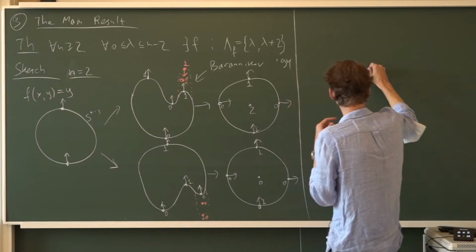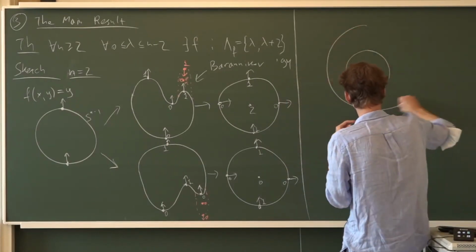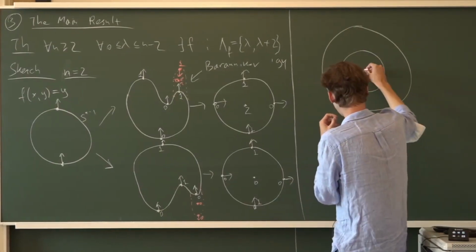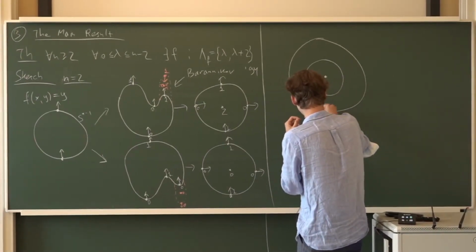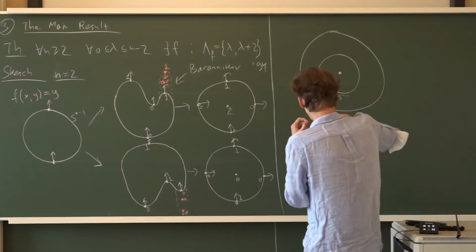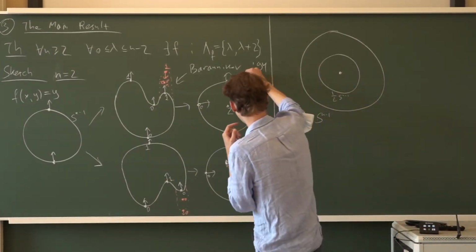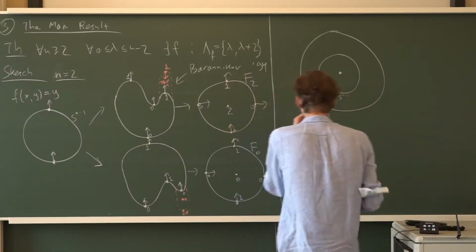Let us put these circles concentrically like this. So, this is the unit sphere, this is half of the unit sphere. And inside the smaller ball, let us denote this function by f2 and this function by f0.